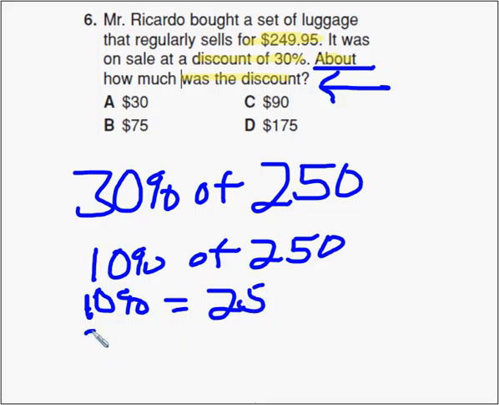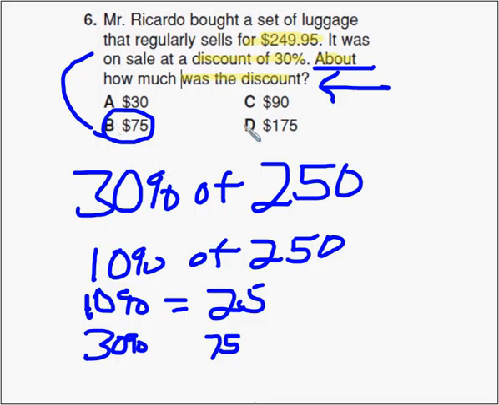So what's 30%? 30 is 3 times the amount of 10. 10 times 3 is 30. So 25 times 3 is 75. 75 is 3 times the amount, 25. So it looks like the discount was $75. So you could subtract about $75 from the total price and get your total answer there. So B, 75 is about the discount.